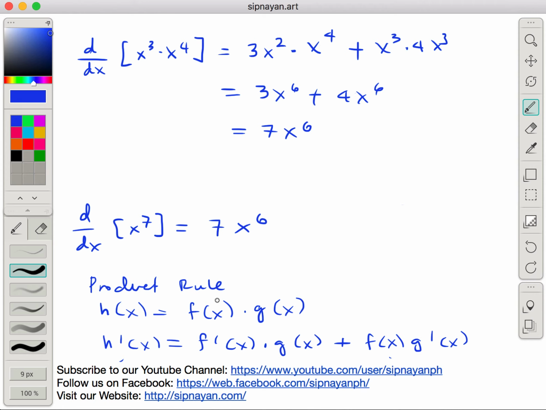Instead of getting f of x times g of x, lagay ko dito, tapos lagay ko yung derivative, I equate it to h of x, another function. No? So, yan. Anyway, these are equal, so you can just, instead of h prime of x, pwede mo na ilagay na f of x times g of x. And the notation ng derivative, you can use this. So I can replace this here, or I can just say h prime of x. So sa mga ibang books ganyan, gusto ko lang kayo ma-familiarize. But the formula is still the same, no?